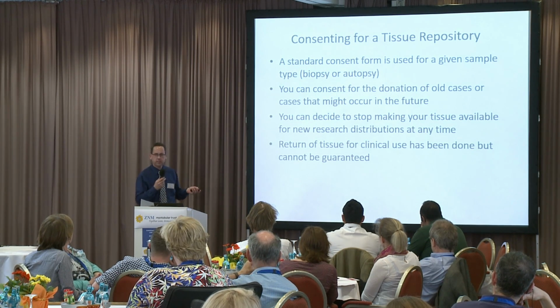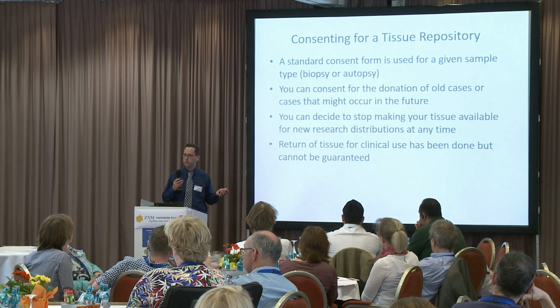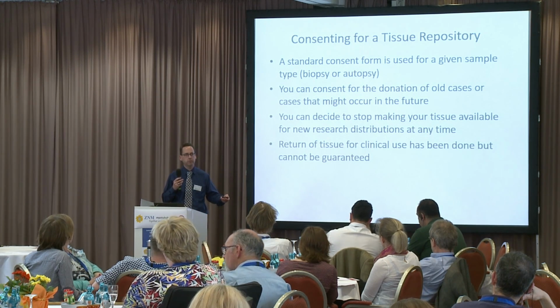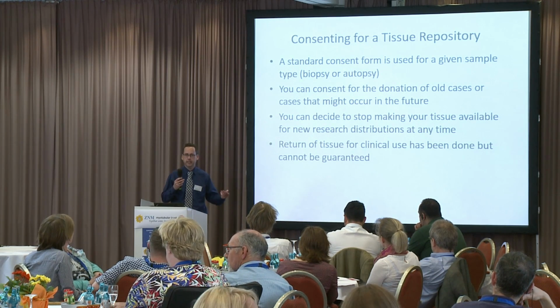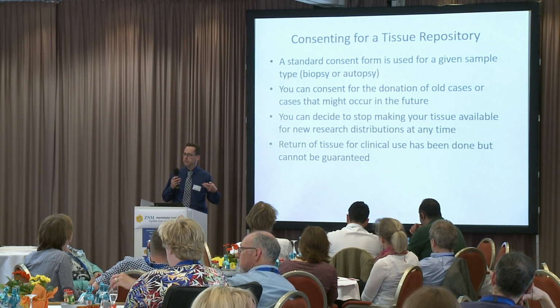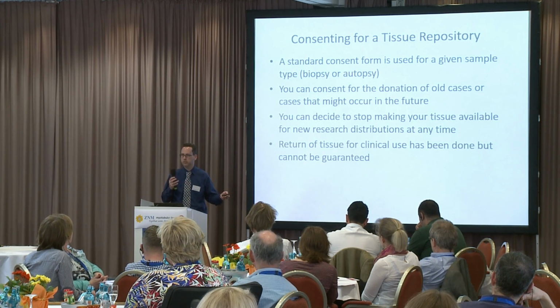And then once you're consented, you can decide whether or not you want to opt out. At that point, you can say, okay, I no longer want to be part of this repository for one reason or another, and contact the bank. In some cases, that leads to the tissue simply being unavailable for anything.